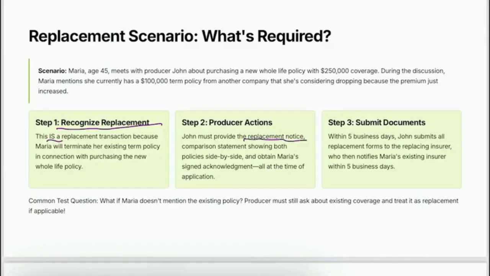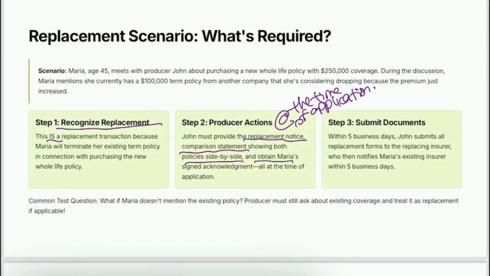He must compare the policy side by side and present that. So present a comparison statement showing both policies side by side. And if Maria's like, yep, I want to do that, I understand, he must obtain Maria's signed acknowledgement, all at the time of application. Okay, can't submit the application and then show her the side by side or get that signed acknowledgement.